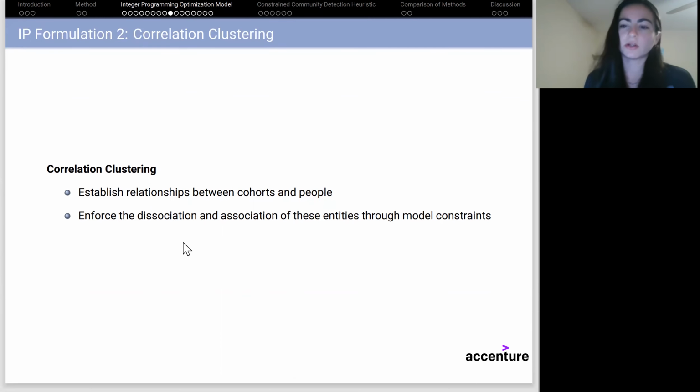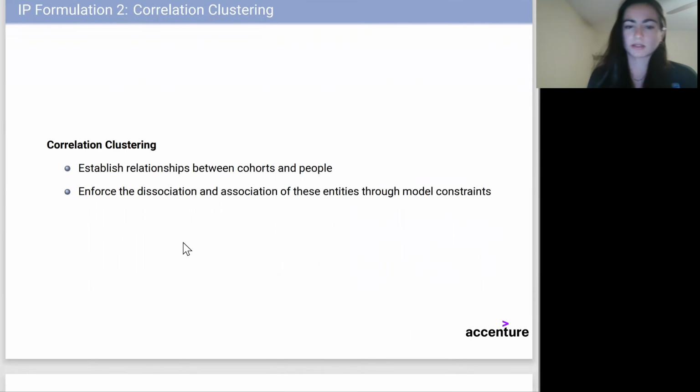The correlation clustering formulation establishes relationships between cohorts and individuals by enforcing the dissociation and the association of these entities through the model constraints.